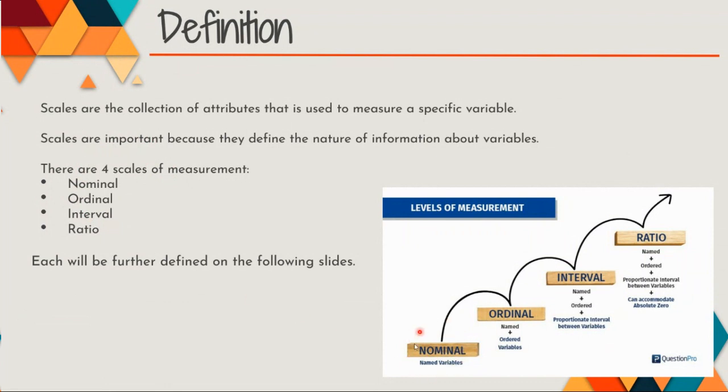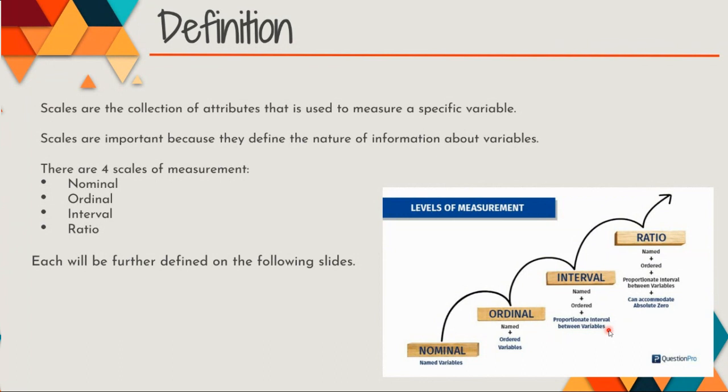So the nominal are named variables. Ordinal are named and ordered variables, so there's a specific hierarchy that they are presented in. Interval variables are named, ordered, and there's a proportional interval between variables. I love to think about these in terms of your household income.